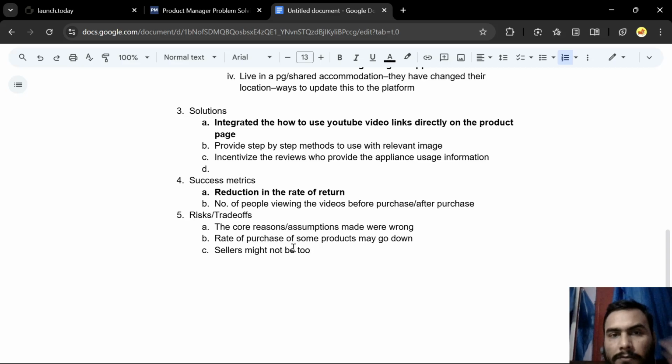But if the customer is buying some other product that they actually need, sellers should not have a problem, because if the rate of return is high for their product, that is also a pain point for them. Sellers would understand that if a customer buys your product, they are buying it to use it and not to place a return order.